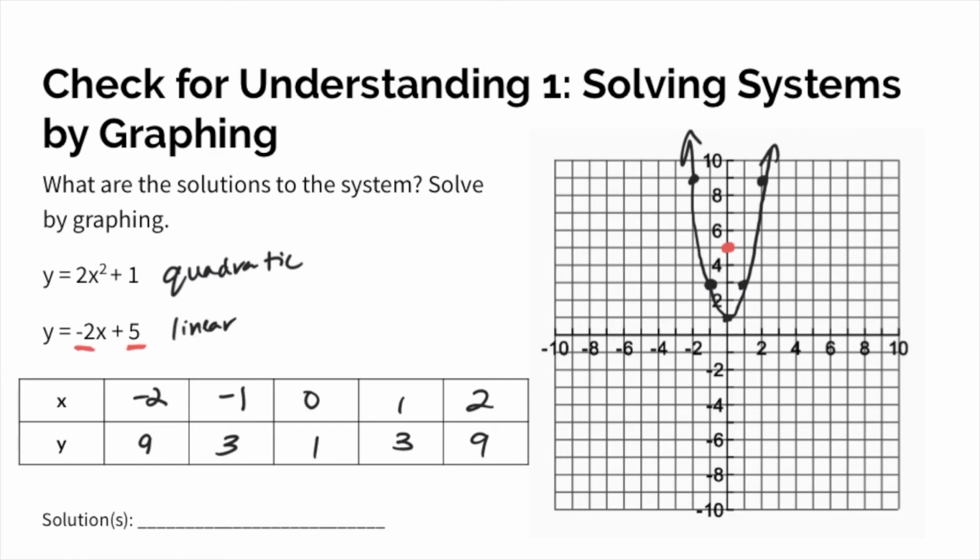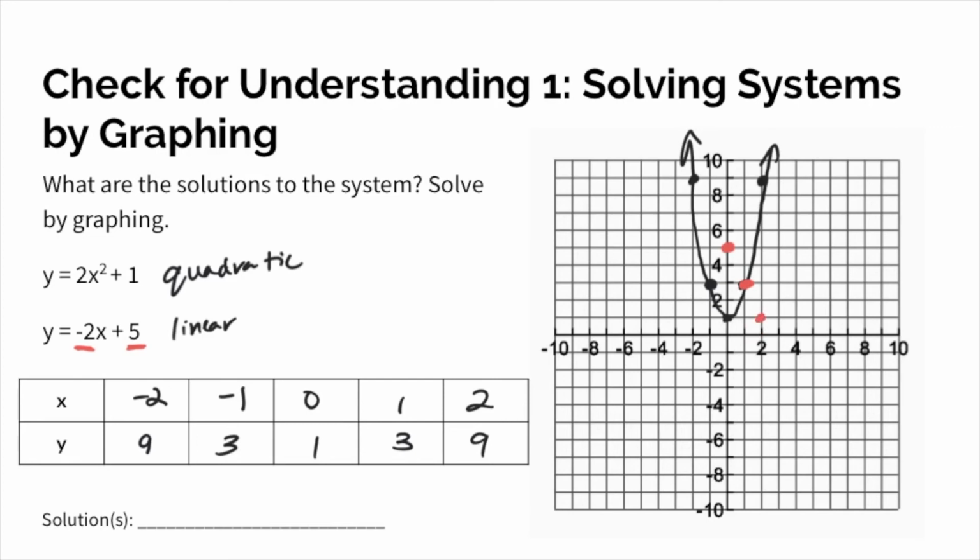This is telling me that from +5, I'm just going to have to go down 2 to the right 1. So that should be where my next point is in this linear function. If I want to just keep going, find out my next point, I know that from the point that I just drew, I would go down 2 again and right 1, and that would be my next point.